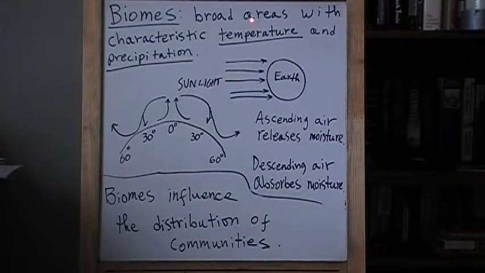Biomes are broad areas with characteristic temperature and precipitation. So the earth is round, and so because the earth is round, the sunlight hitting it differs depending on where you are on the surface.